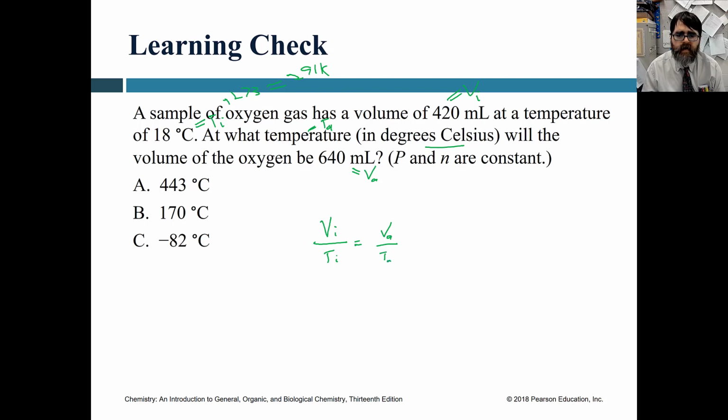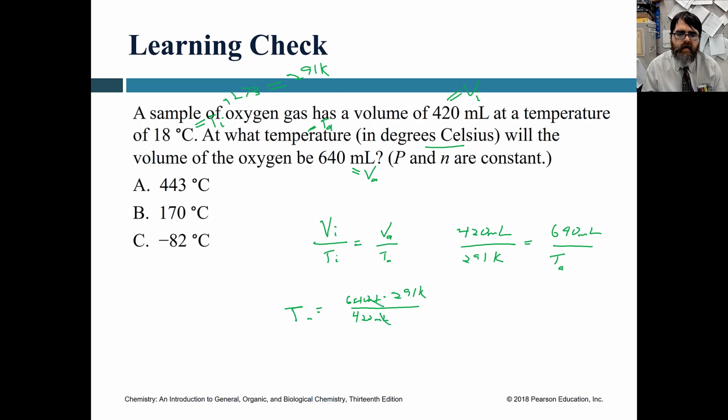Plugging in the numbers, we end up with 420 milliliters there, 291 Kelvin there is equal to 640 milliliters here over temperature after here. Rearrange that, and we end up with temperature after is equal to 640 milliliters times 291 Kelvin divided by 420 milliliters.